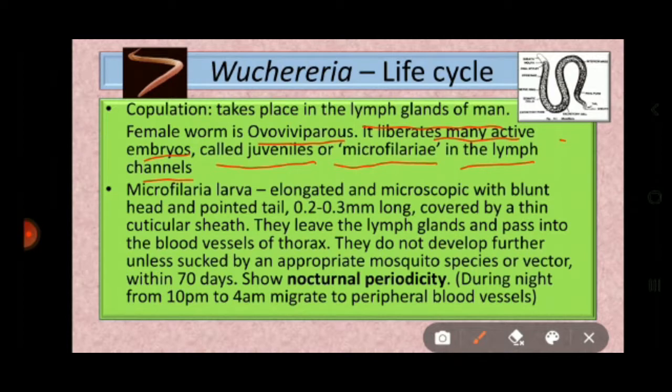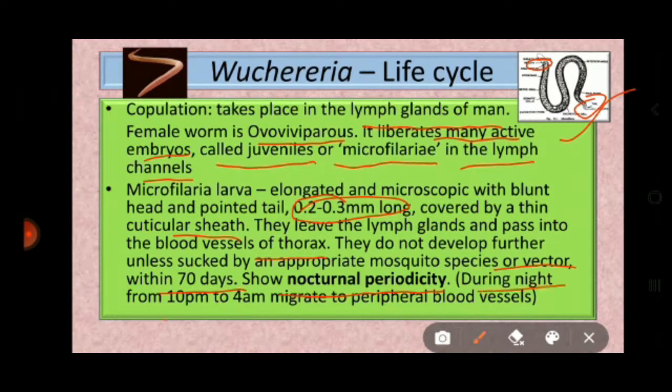These microfilariae, which you can see in this figure, are elongated and microscopic with a blunt head and a somewhat pointed tail, measuring about 0.2 to 0.3 millimeters long. They are covered by a thin cuticular sheath, and they leave the lymph glands and pass into the blood vessels of the thorax. They do not develop further unless sucked by an appropriate mosquito species or vector within 70 days.